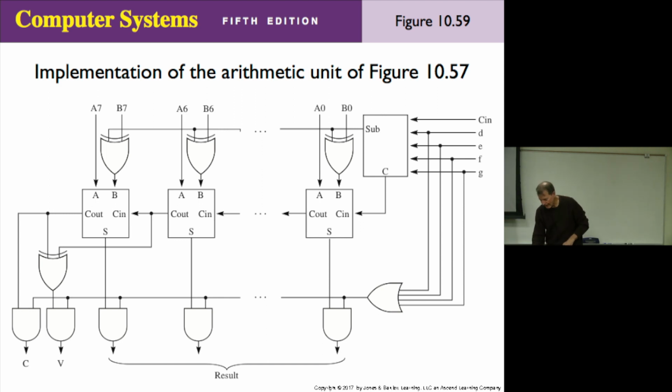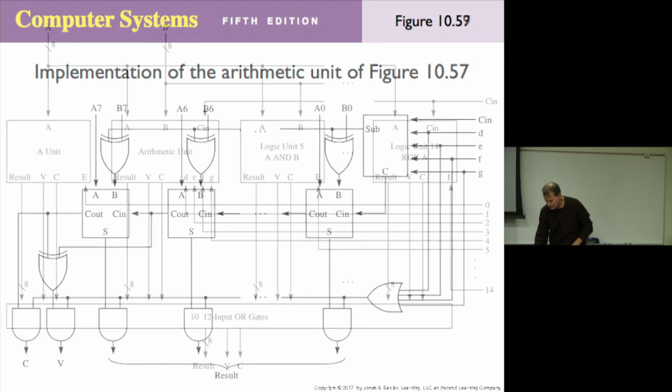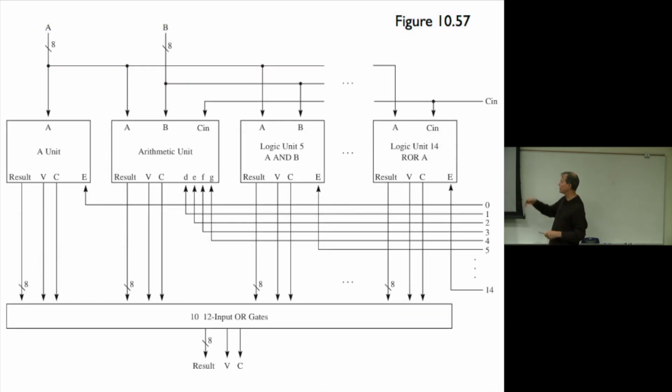Oh, and then also it's an exercise for the student to do these other logic units. But look, how would you do A and B? Here, let's think about how you would do logic unit 5. Let's just do this one in our head. What does logic unit 5 do? A and B. So it's an AND gate. It'd be 8 AND gates.